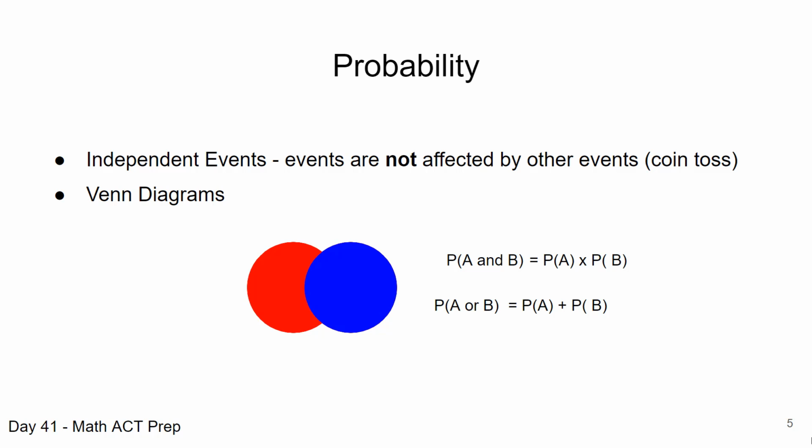So from the probability of A plus the probability of B, we're going to need to subtract out one of those overlap areas because we double counted. So we're going to subtract out the probability of A and B. And we can use the probability of A times the probability of B. You could substitute that in if you were actually having to find those numbers.